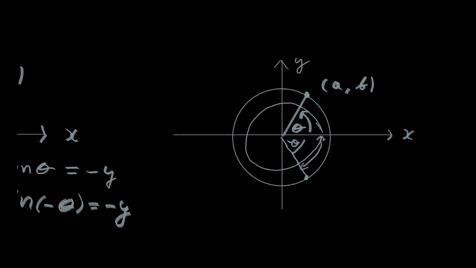But to go all the way around and just stop at that line would be like going 2 pi minus theta radians around the unit circle.